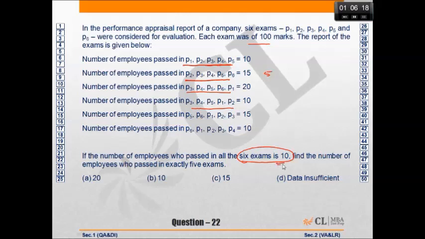So the remaining 5 will be people who have passed in exactly 5. So this should be 10, this is 0, and minus 10 again gives me 5. So the answer should be 20. I have done this kind of question earlier, so it was not a problem. Had I not done this question earlier, I may have left it for round 2.